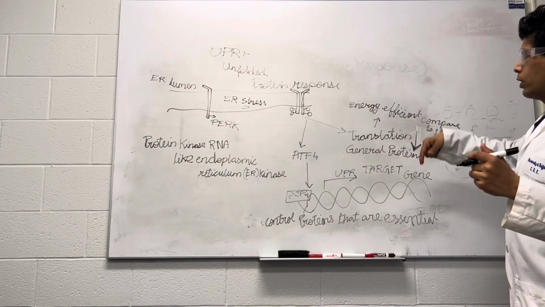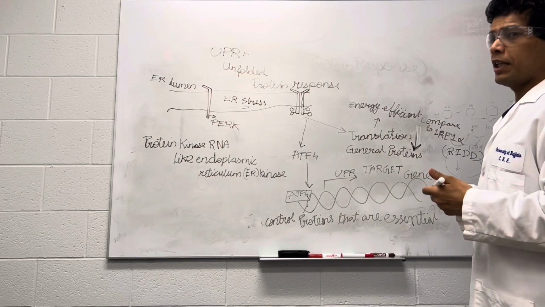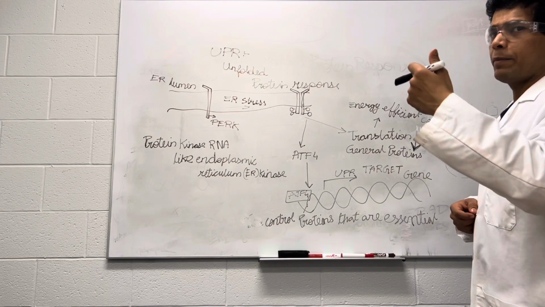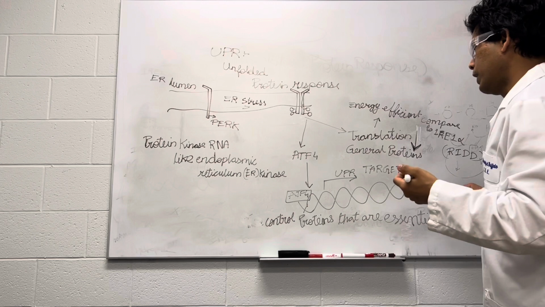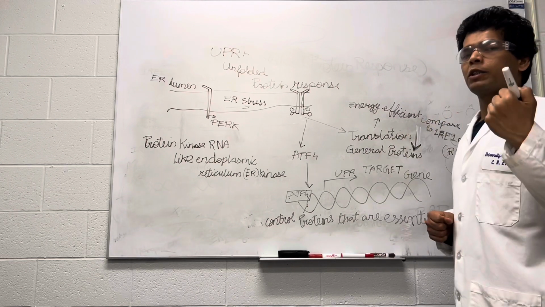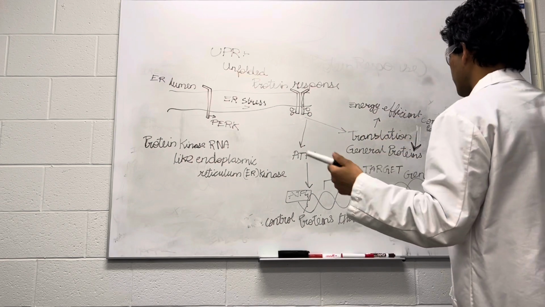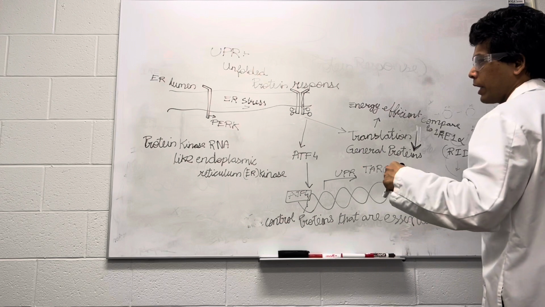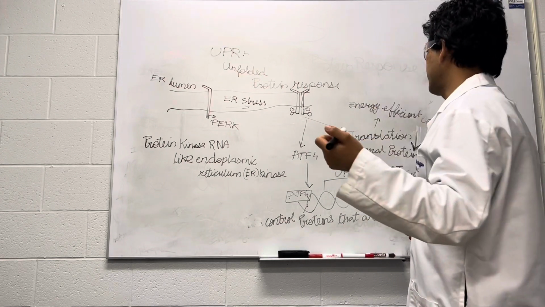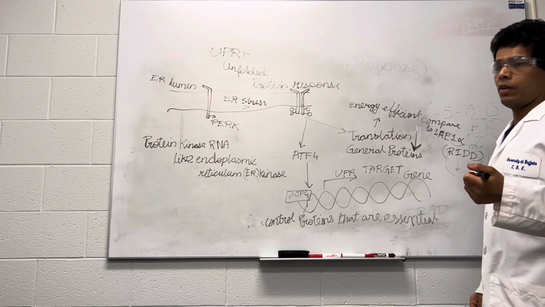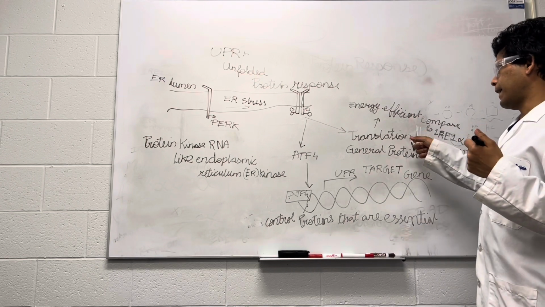As we know, for the translation of mRNA to proteins we need amino acids that are carried by tRNA to the ribosome. If the translation of proteins is reduced, then we don't need that much amino acid. So ATF4 will downregulate the amount of amino acid in accordance with the downregulation of translation.